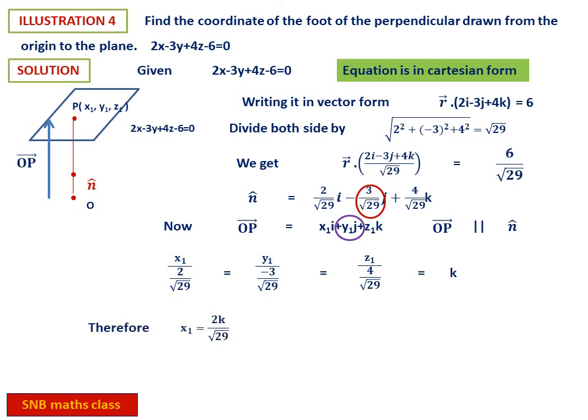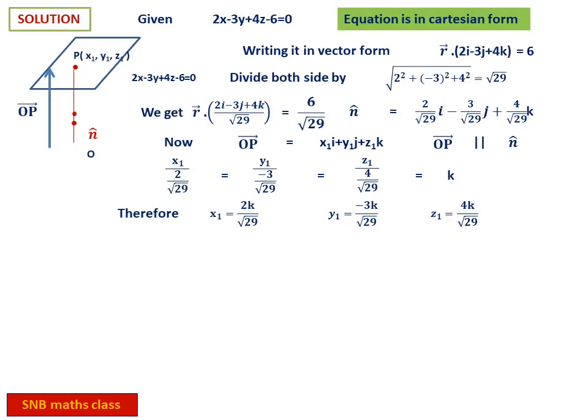Therefore, what is x1? x1 is 2k by square root of 29. Similarly, y1 is minus 3k by square root of 29, and z1 is 4k by square root of 29. So this is the thing. Now what we have to do is, this value x1, y1, z1 should satisfy the given plane.